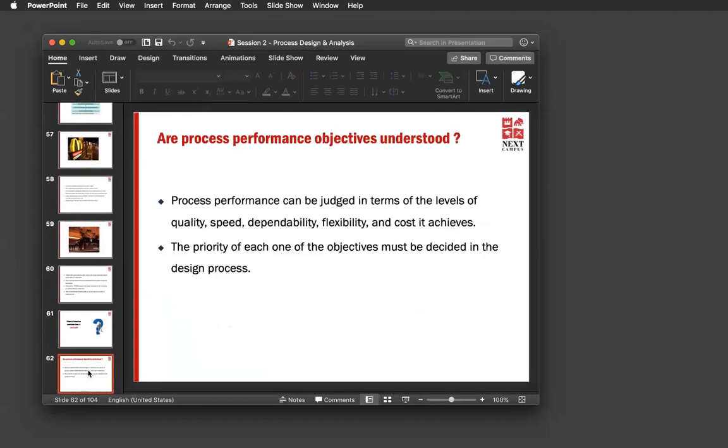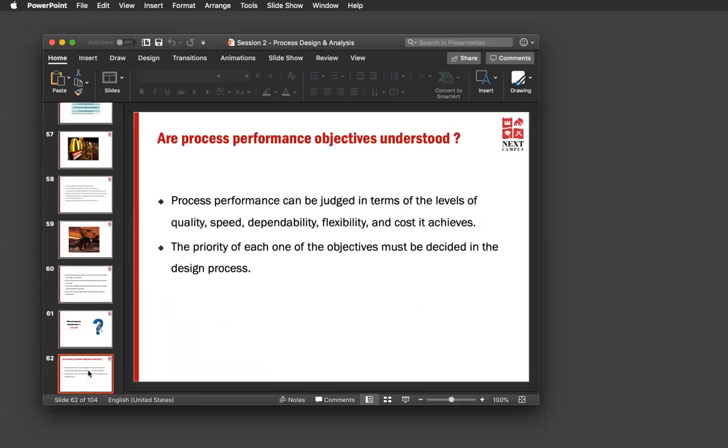Remember the 5 performance objectives we discussed last. So all organizations should be able to pinpoint which performance objective they are more interested in pursuing to deliver performance or deliver revenue.